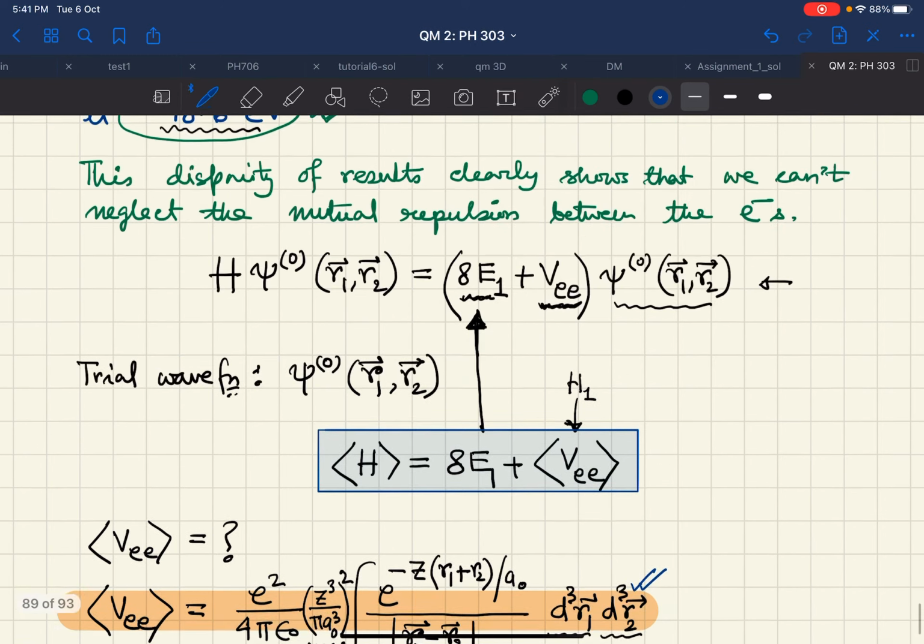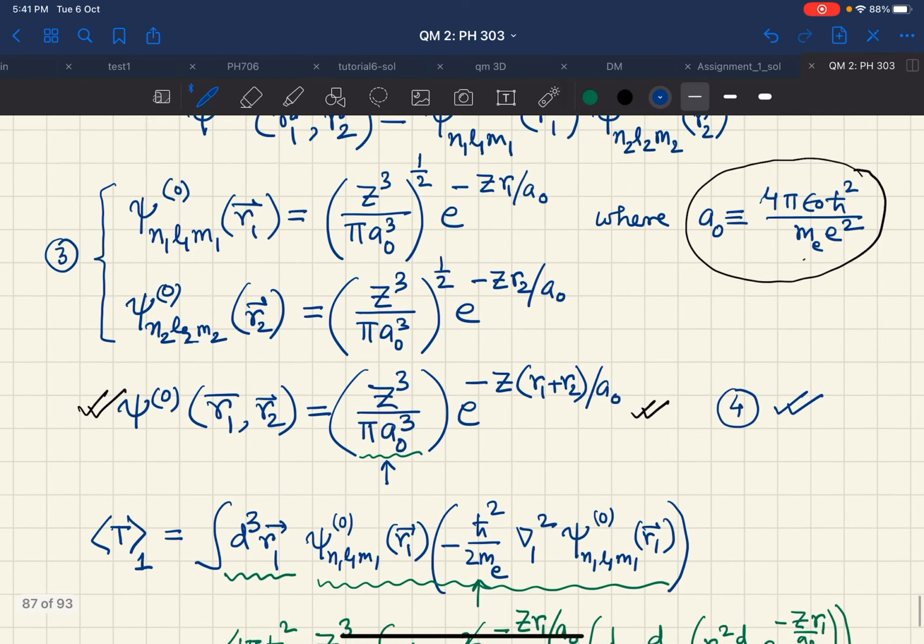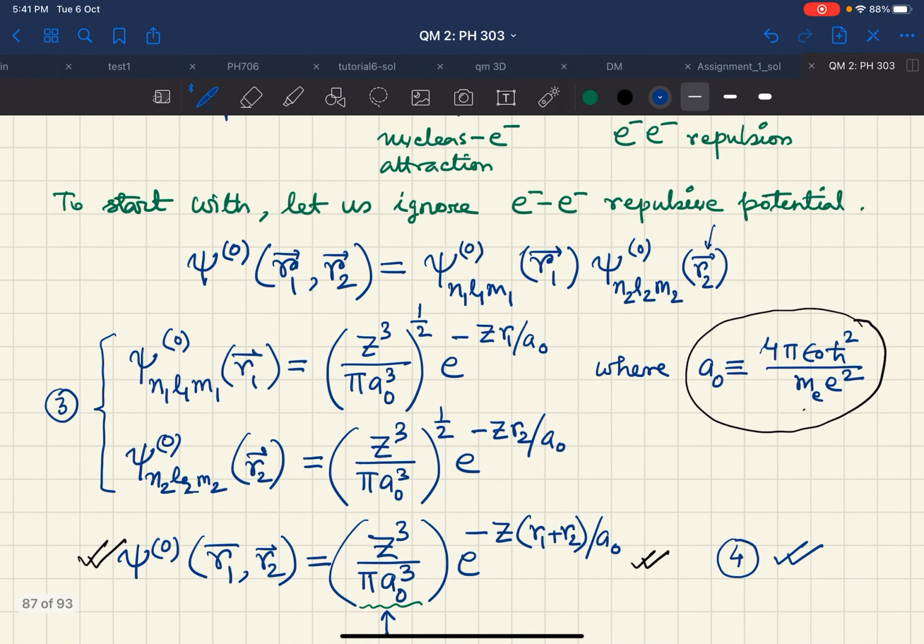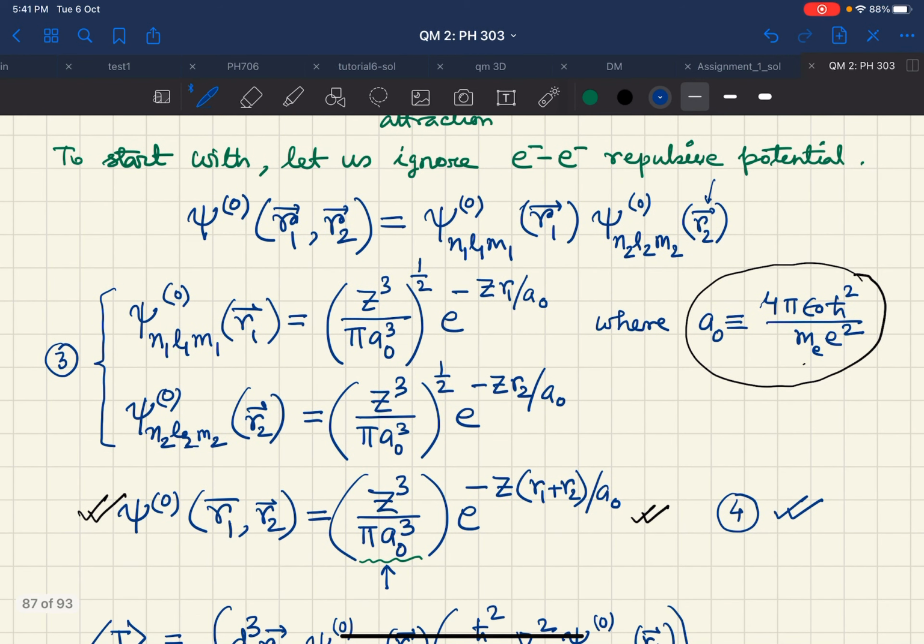This is the trial wave function to start with when we had neglected this VEE, or the electron-electron repulsion term. Then we introduced the electron-electron repulsion term, and we said let us stick to this trial wave function only, this psi 0 r1 r2, and let us see what our result is.